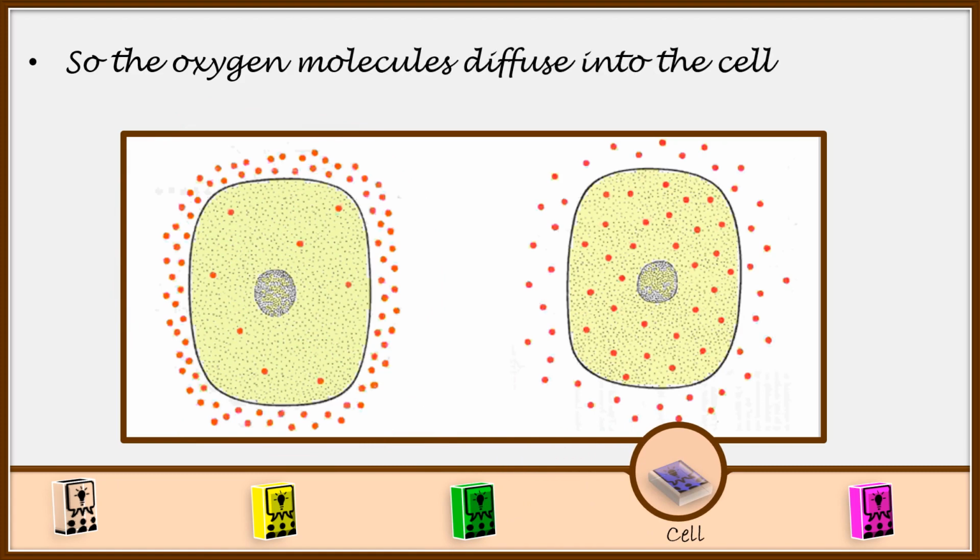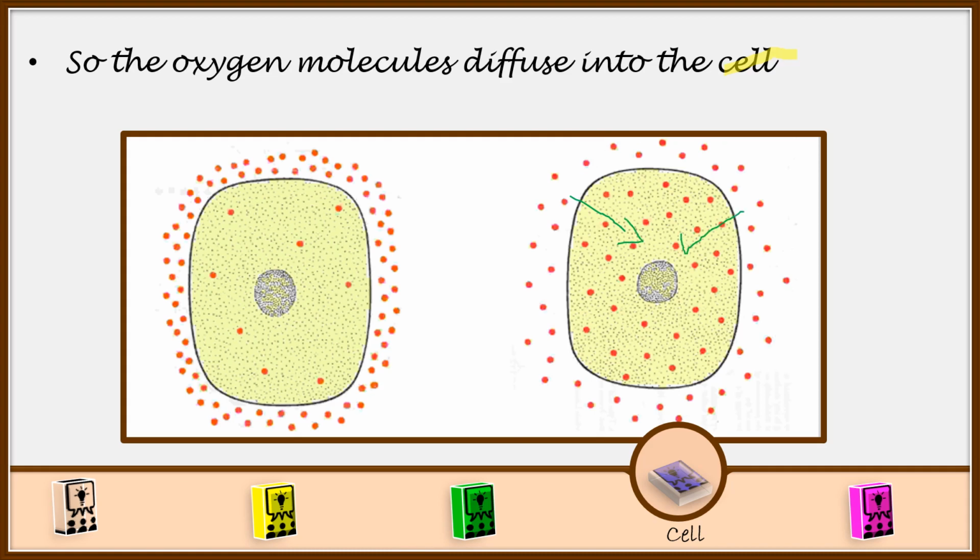So, oxygen molecules diffuse into the cell. Now, when you look here, you will see that the concentration which was outside has reduced. Why? Because much of it has diffused into the cell.